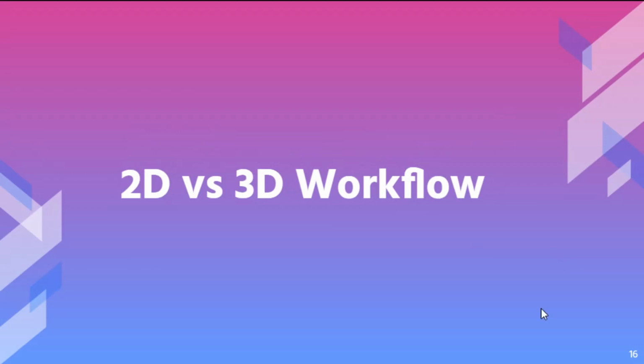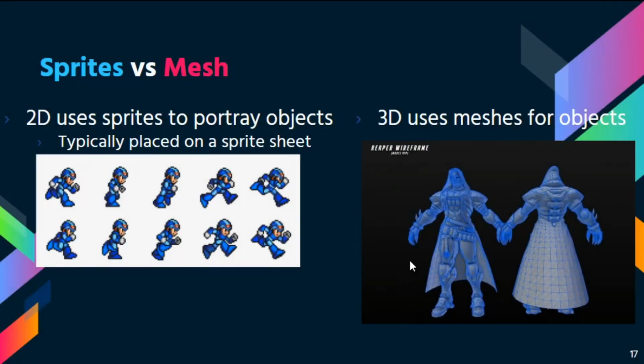All right, and now we're going to start talking about the 2D versus the 3D workflow. In 2D games, you tend to use sprites, as you've gone over in previous meetings and workshops. Sprite sheets tend to be the way you portray objects, and you have to draw out each frame, and that's how you get your animation.